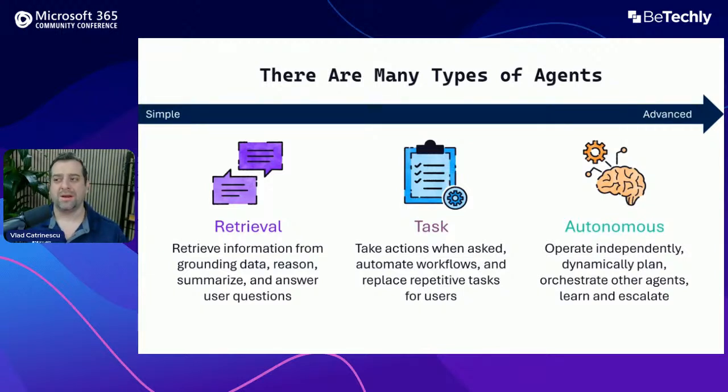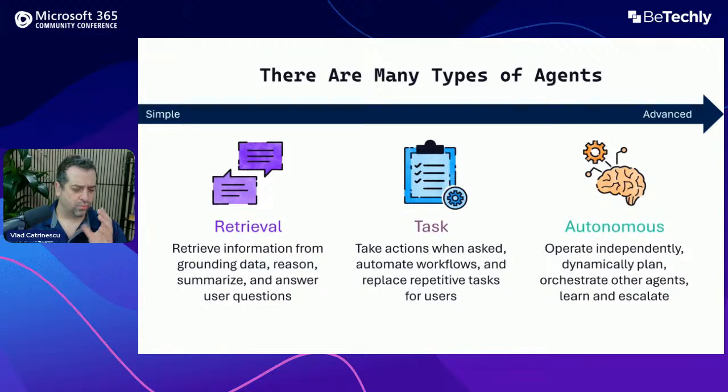You're the one that has to go in there and write your prompt. What if you had an agent that would monitor your Teams, your email, and whatever you wanted to monitor? And depending on the condition, when something comes in, instead of waiting for you to ask to fix it, it will go and fix it by itself using the logic you have trained it on. So those are autonomous agents.